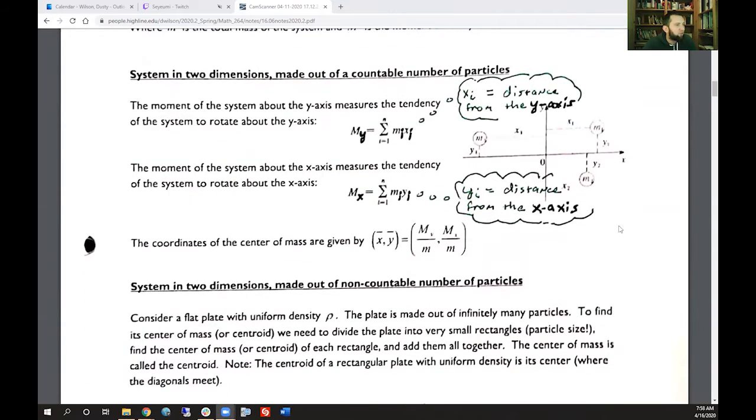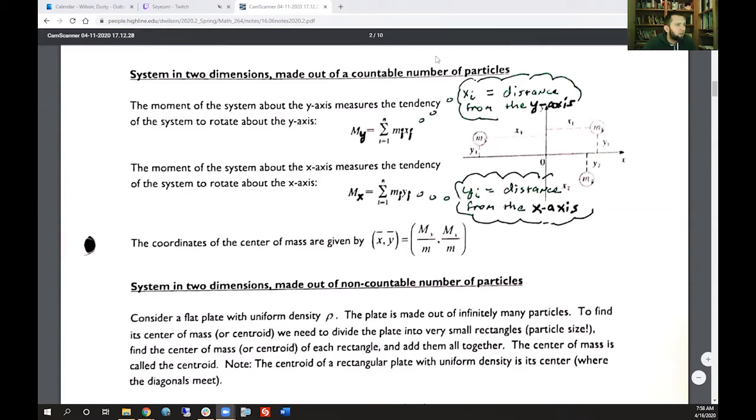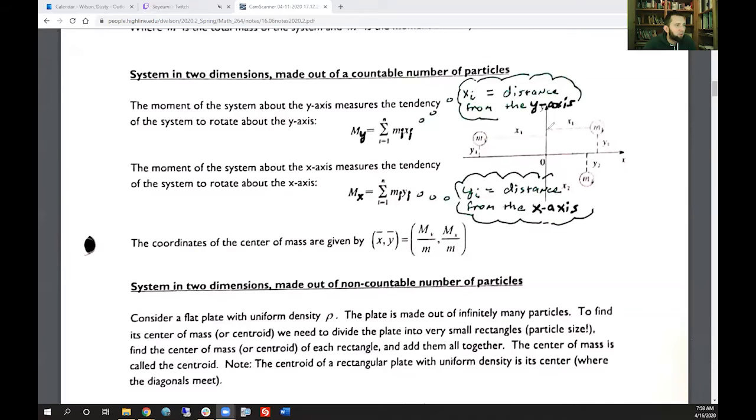So if we do this in 2 dimensions, then we could have a moment about the y-axis. And finding the moment about the y-axis would require you knowing the distance from the y-axis.